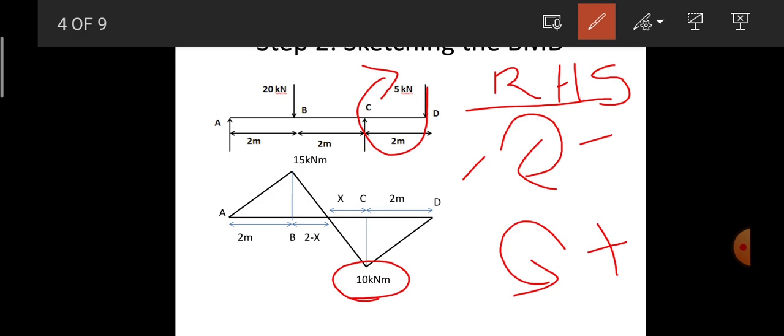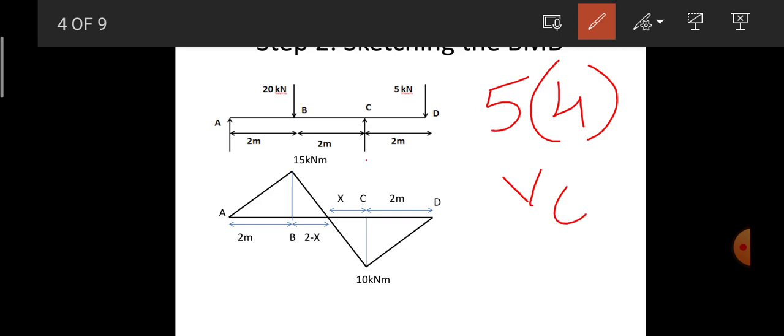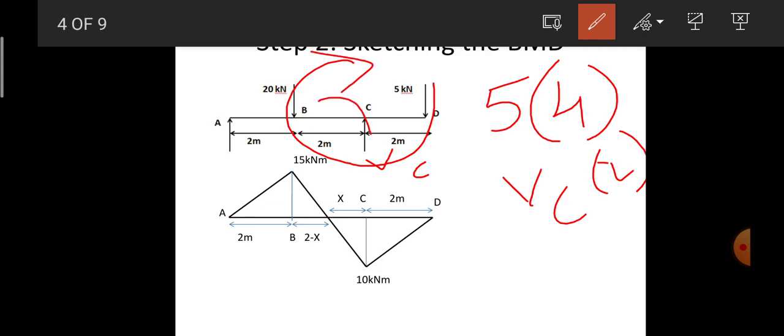Next point is point B. From point D we have 5 into 4, and then VC into 2. 5 into 4 is in the clockwise direction, and VC into 2 is in the anti-clockwise direction.